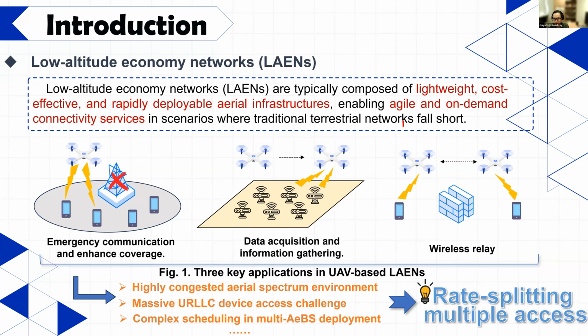The UAV can be used for data sensing, acquisition, and information gathering. This can be based on visual data or sensor data, where the UAV can fly closer to the sensor, collect the data, and relay the data to the base station on the ground. Or it could be a wireless relay where multiple users communicate with each other through multiple UAVs.